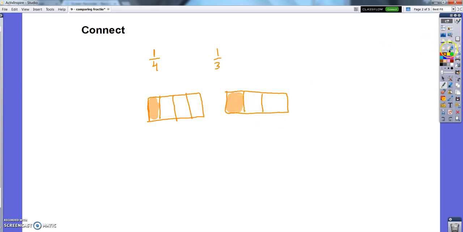If I really want to know, what I've got to do is change them both to equivalent fractions that have the same denominator. Because then I can just count pieces and say, well, if they've got the same denominator, it's easy to tell.